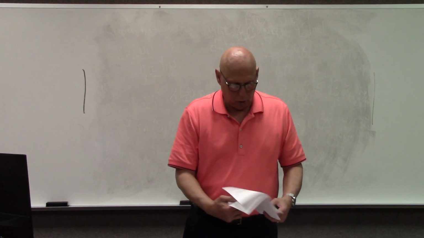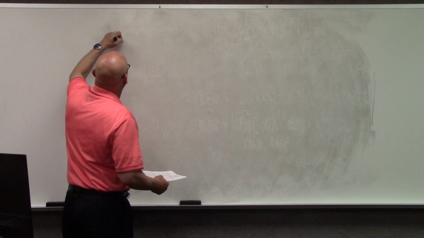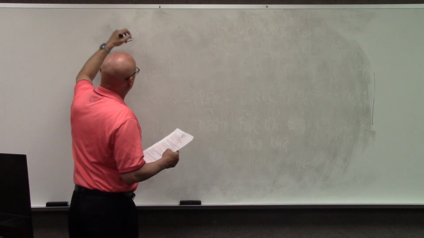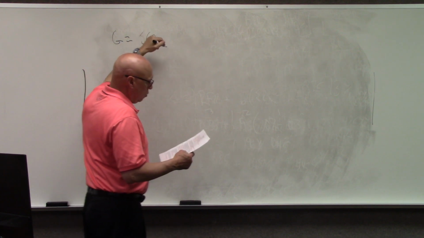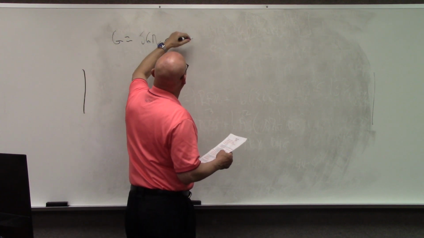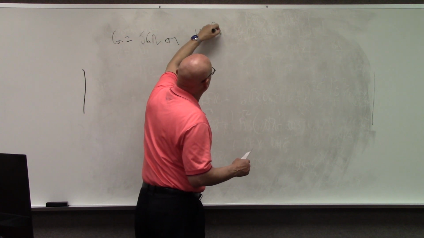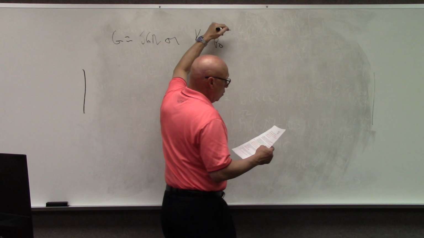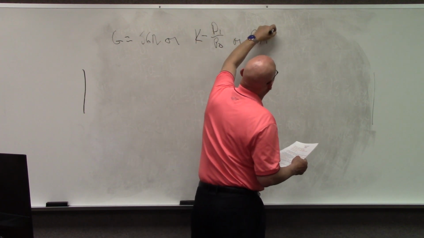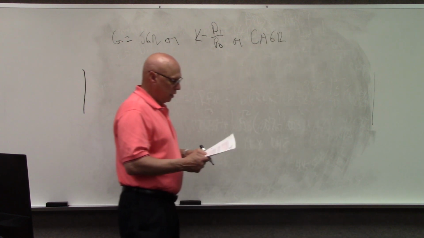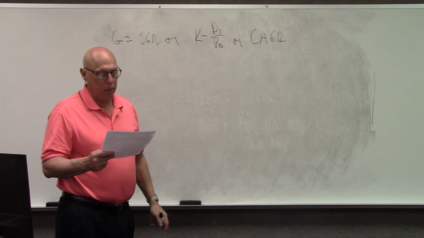G is equal to the SGR, or it is K minus D1 over P0, or G is K... 3 ways to find G. How you find G depends on what information you're given.